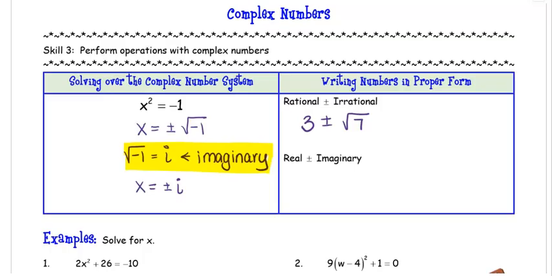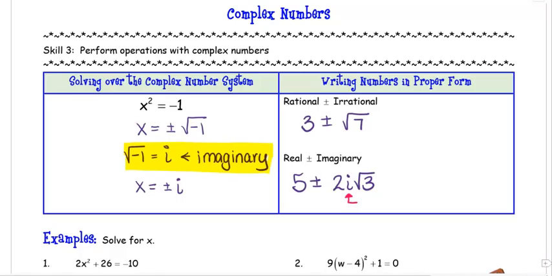The rational plus the irrational. We do the exact same thing with the real and the imaginary as well. A real part and then plus or minus whatever our imaginary part might be. 5 plus or minus 2i root 3. Now also take a look where the i is located. The i comes right before the radical sign.